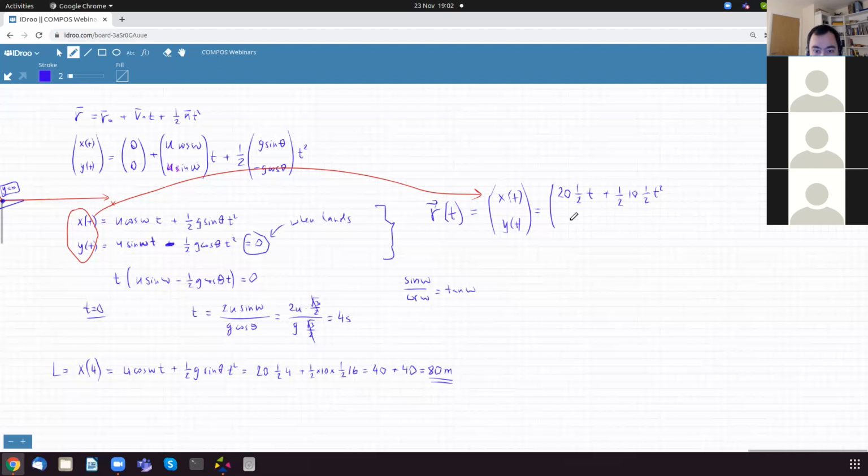And then y is u, which is 20, sine omega, so sine 60, so it's square root of 3/2, t, minus 1/2 times 10 times cosine theta, so it's cosine 30, so square root of 3/2, t squared.